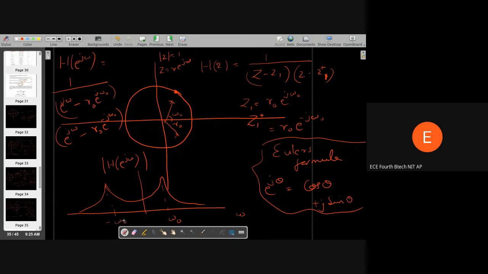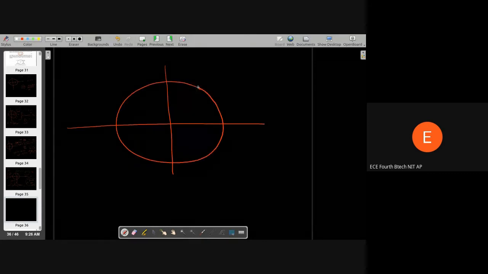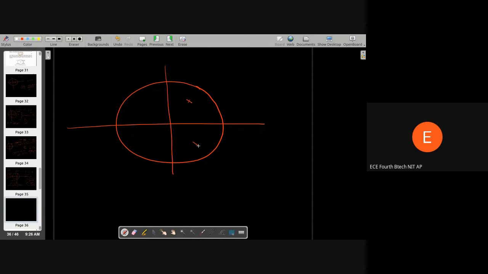Now let us see how to visually represent or analyze why there are two peaks. So I will create another page. We had these two.